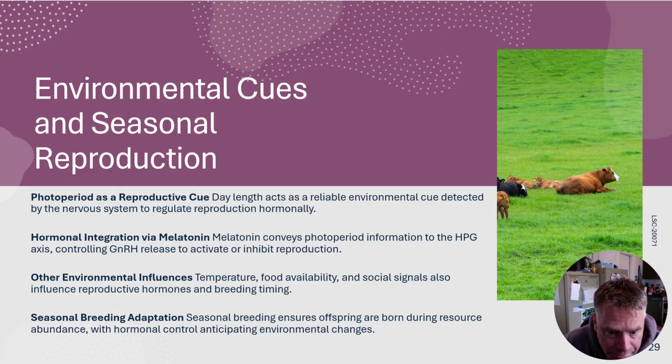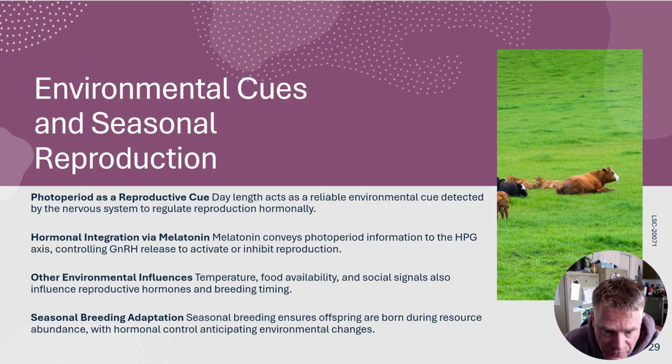As well as day length, there's melatonin, which can also convey information about how sunny the conditions are. So that can provide information to the systems controlling hormone release to activate or inhibit reproduction. So melatonin levels.